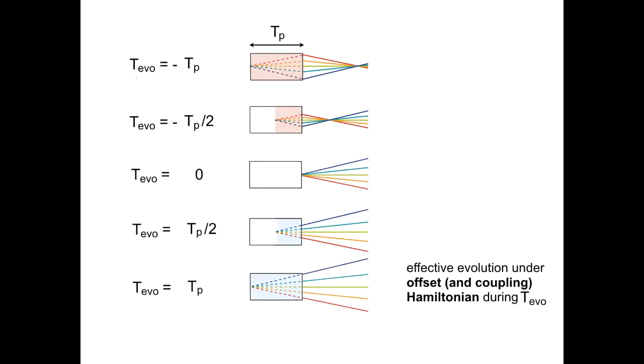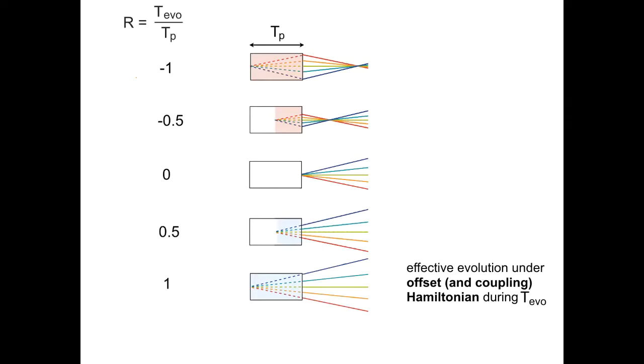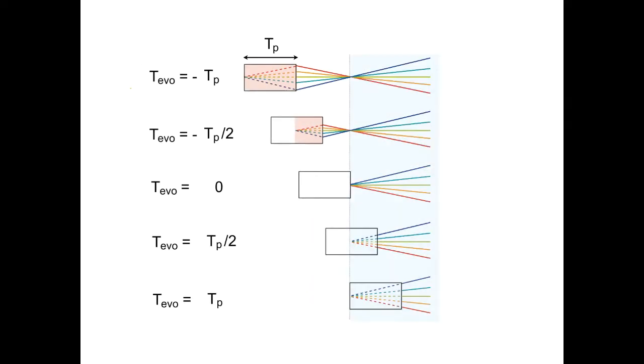Here, for part of the pulse, in this case about half the pulse, we already have this sort of dephasing. Here it's during the whole pulse duration, and here, during part of the pulse or the whole pulse, we have a negative evolution period during this pulse. This ratio of evolution period over the pulse duration is what we call the R factor, and we'll come back to this a little bit later.